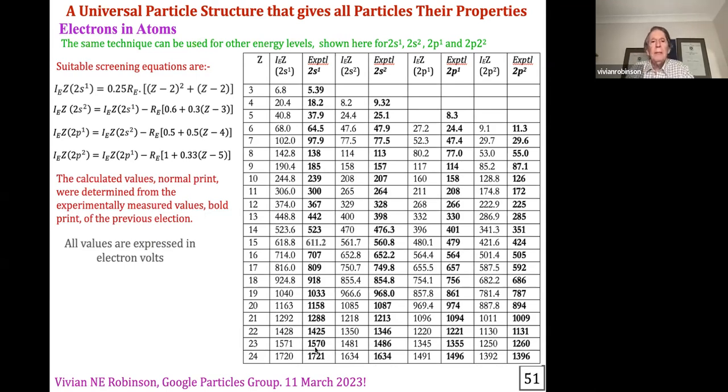Yeah, it's reasonable. It's a little bit better than what was obtained from the Rydberg equation by the time you got down to here. Same thing with 2s1, 2s2: 400, 398, 1218, 1213, 1634. And the same with 2p1: 211, 208, 480, 479, 754, 756, and so on, including the 2p2 ones: 1250, 1260, 1392.